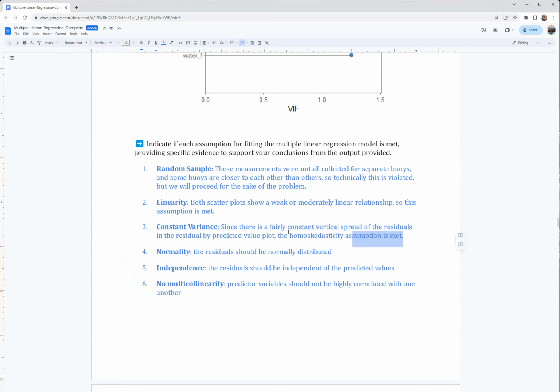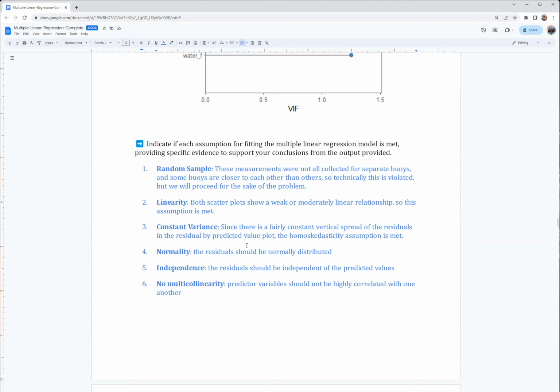Okay. So it's important. I want you to note which plot you looked at, which diagnostic plot, and what you saw that indicated whether or not the assumption is met. So here we saw a fairly constant vertical spread.